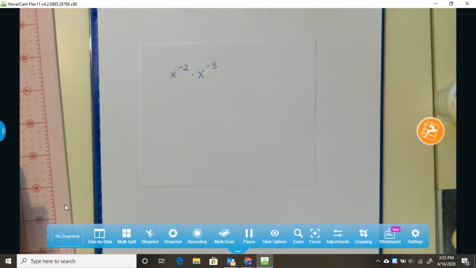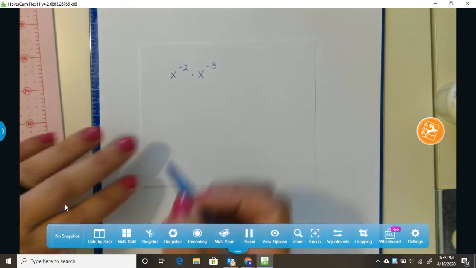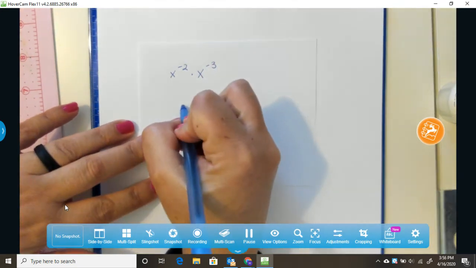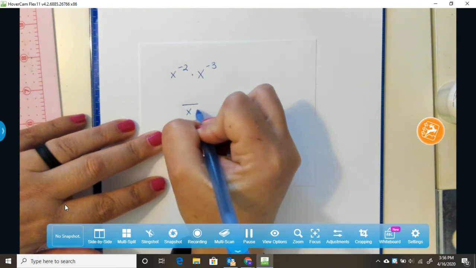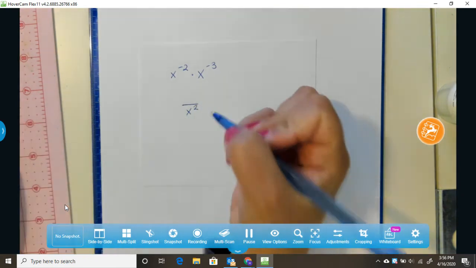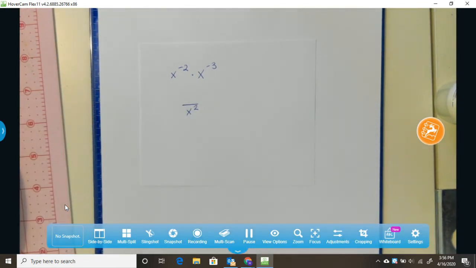Okay, and when I see this, I have x to the negative 2. So remember what we said is I want the reciprocal of x then. So instead of it being on the top of a fraction, it's going to go on the bottom. Okay? Then I also have x to the negative 3.